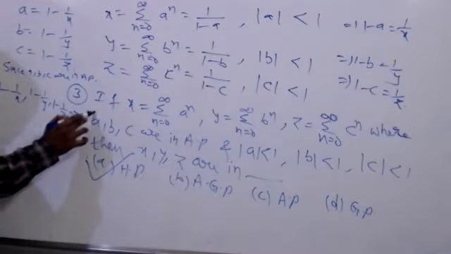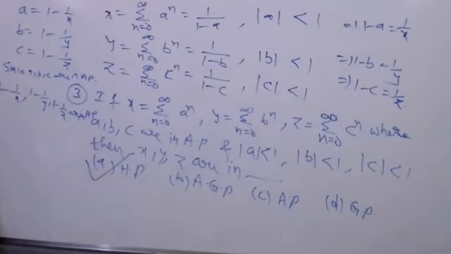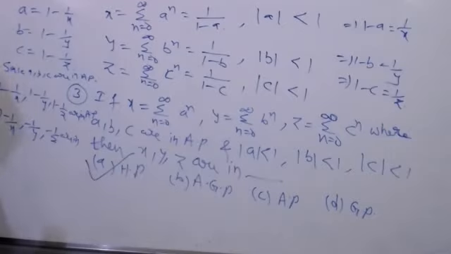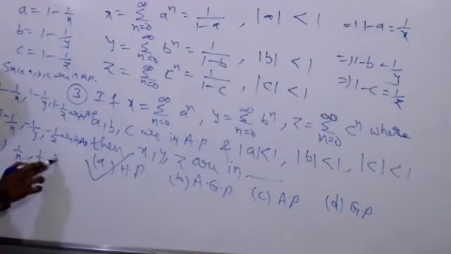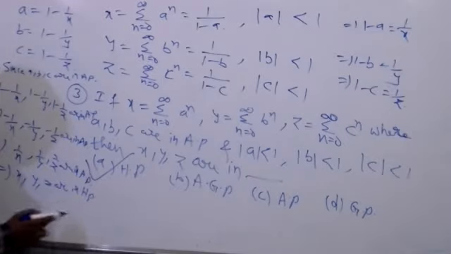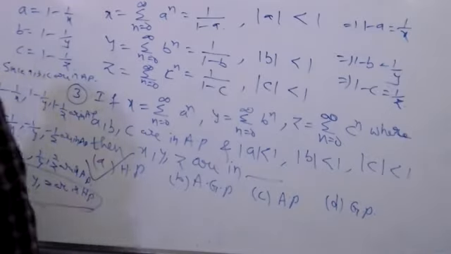Therefore, minus 1 by x, minus 1 by y, minus 1 by z are in AP. Now 1 upon x, 1 upon y, 1 upon z are in AP. That implies x, y, z are in HP, the reciprocal of AP.